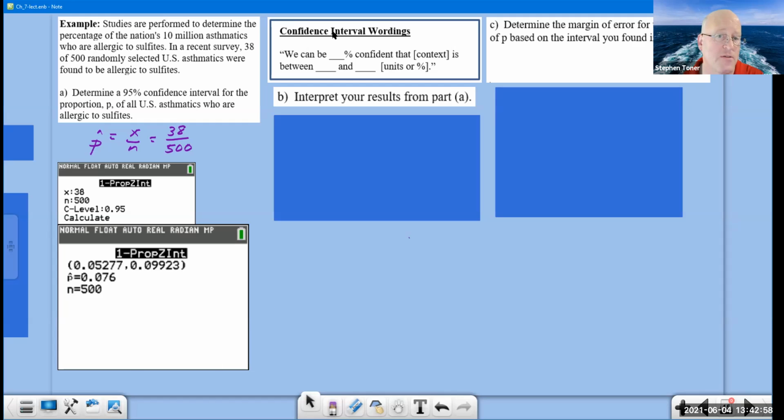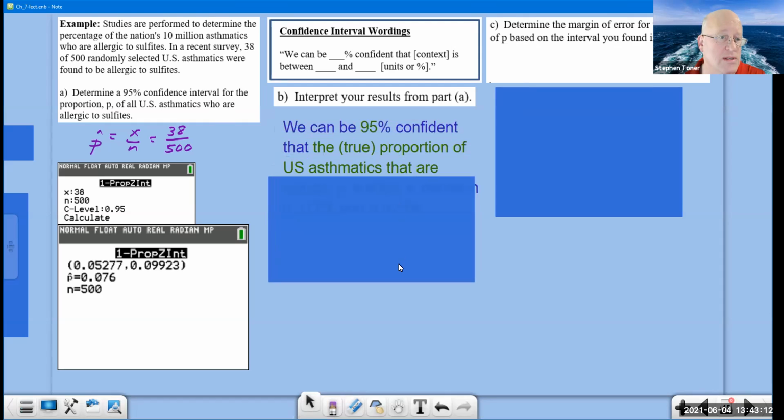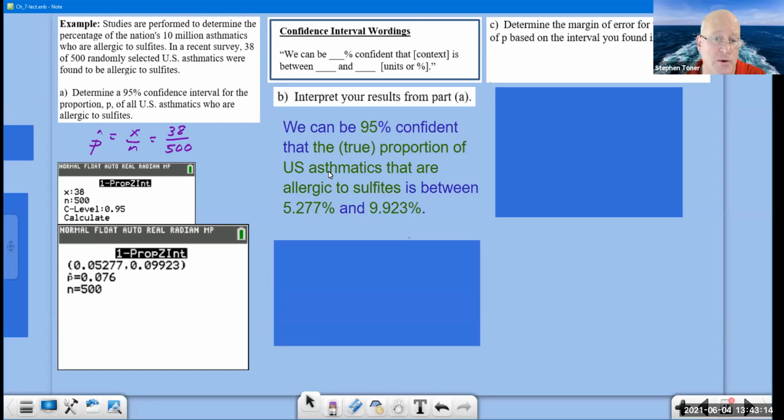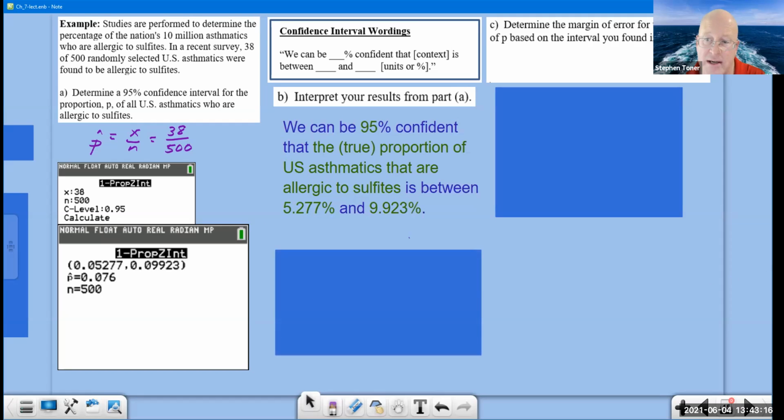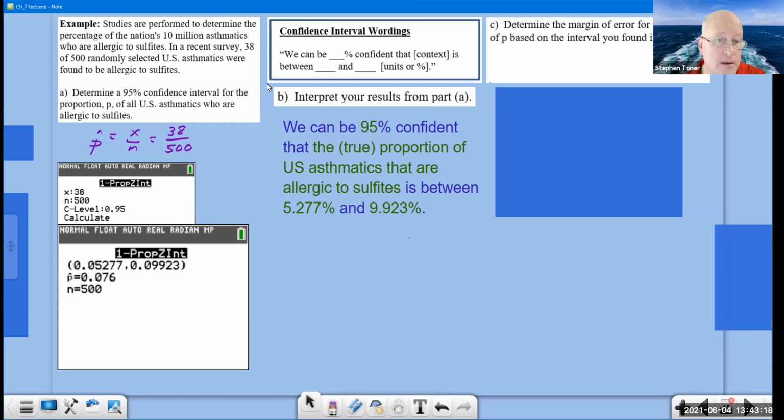So here is the phrasing we're going to use for our confidence interval wordings. We can be blank % confident. Well, we will know that that's going to be a 95% for this problem. That what? Well, this is going to be, and I'm going to word this out here, the true proportion of US asthmatics that are allergic to sulfites is between, and then you write these two numbers down.